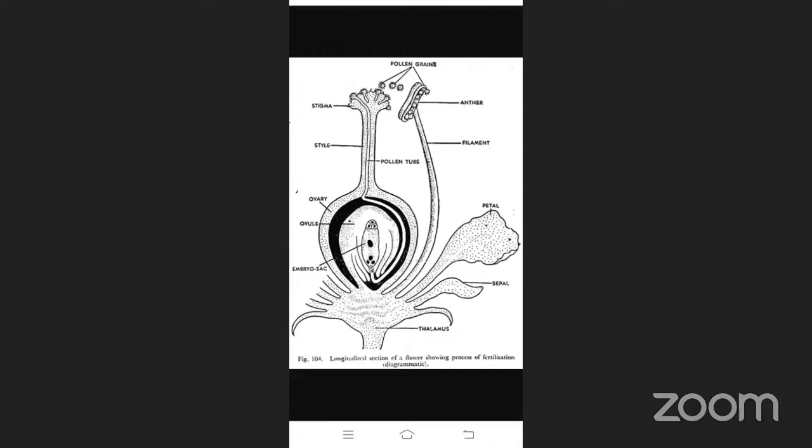So here the structure and the function of the stigma.